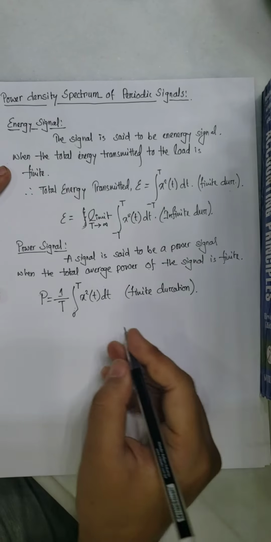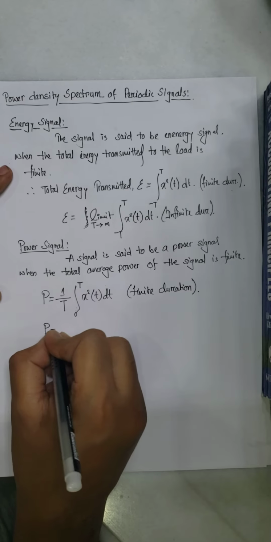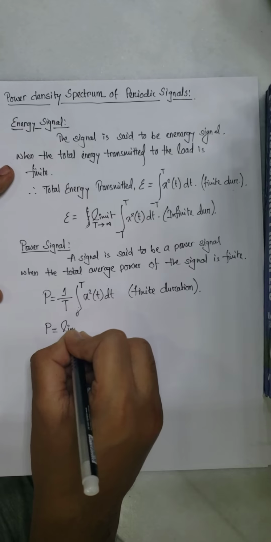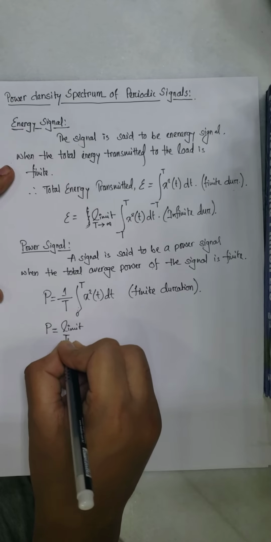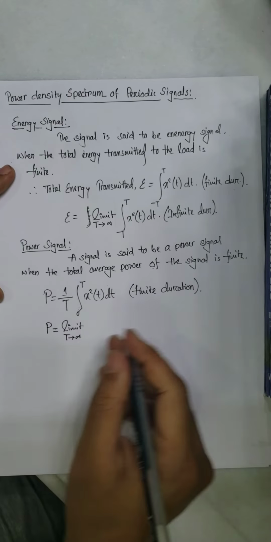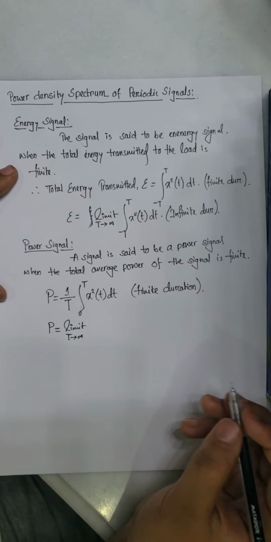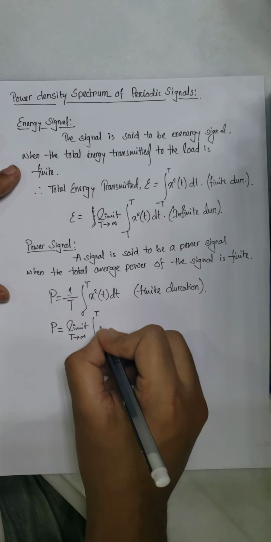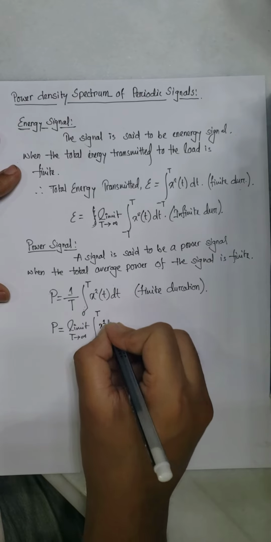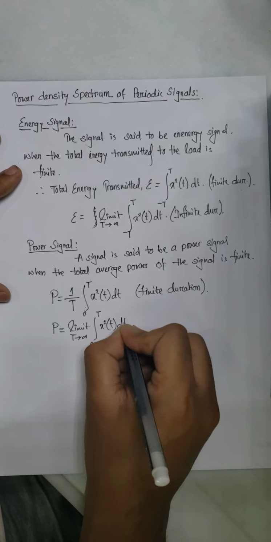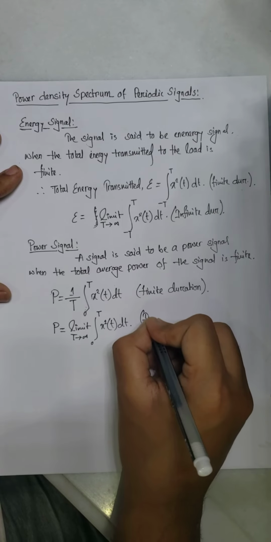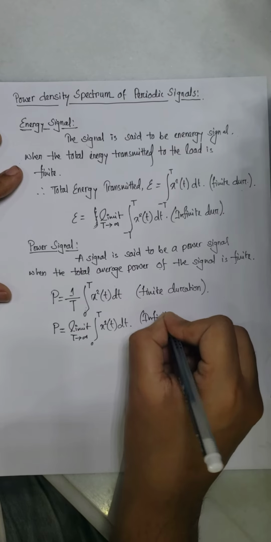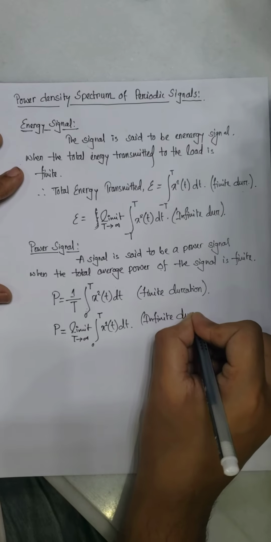And for the infinite duration, you have guessed it right as well, it becomes limit. The time period goes to infinity, denoting the duration to be infinite. The rest is quite same, 0 to T, which is integrated for x of t dt. This is for the infinite duration.